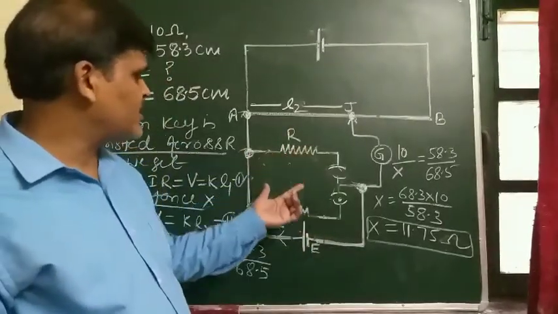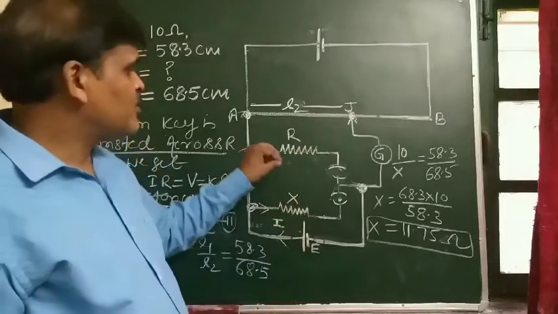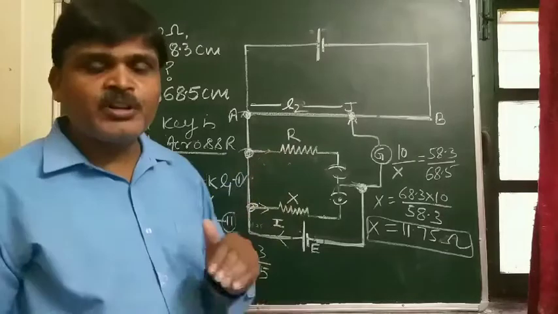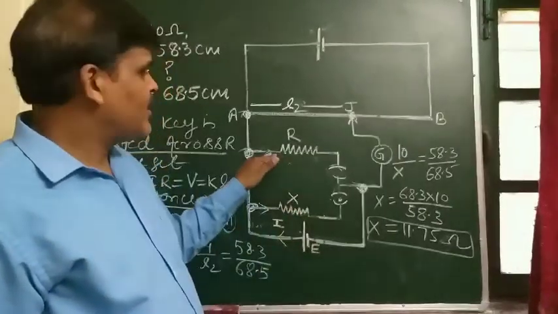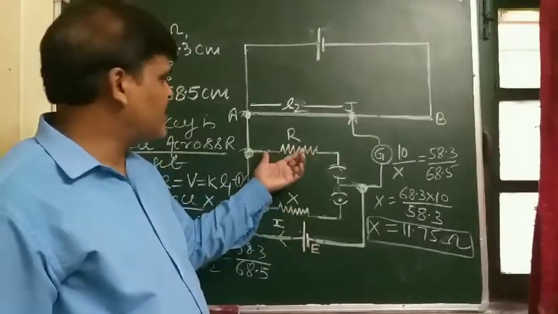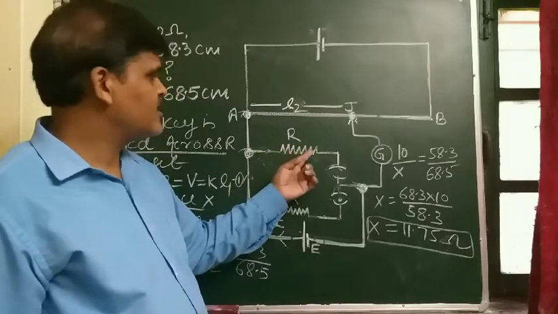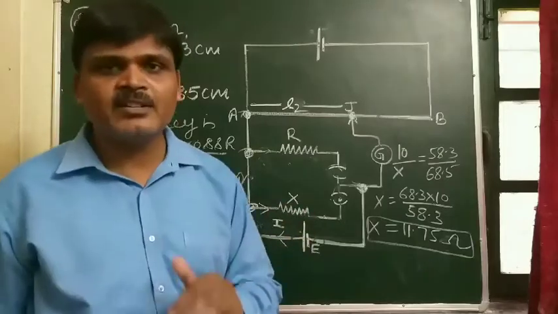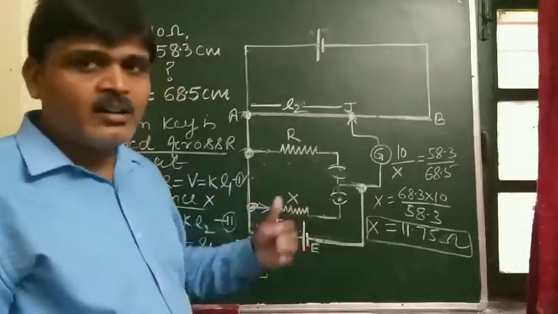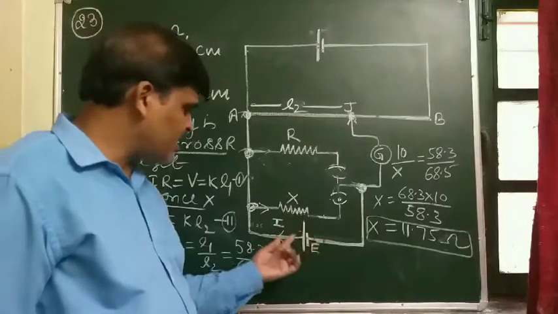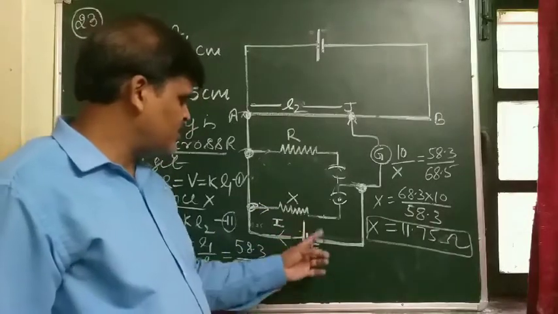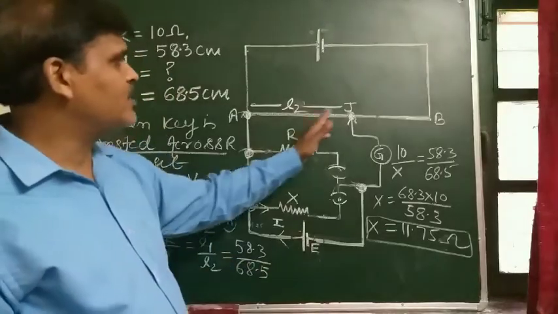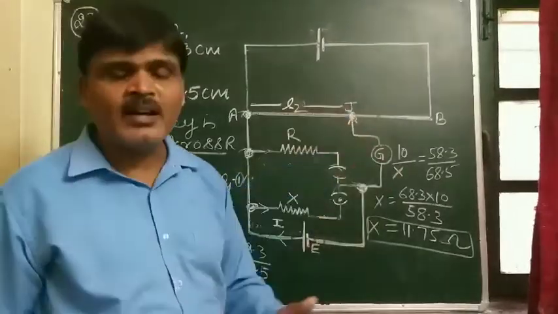To reduce the current across R and X, the potential drop across R and X reduces. So for reducing the current across R and X, we put a resistor in series with R and in series with X. Or another way is by using a cell of smaller EMF, then we can find the balance point on the potentiometer wire.